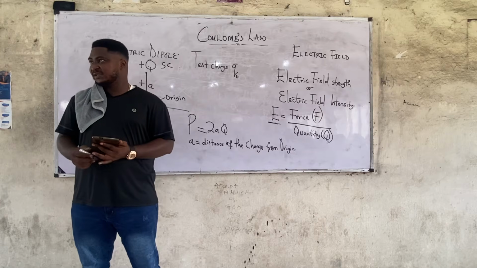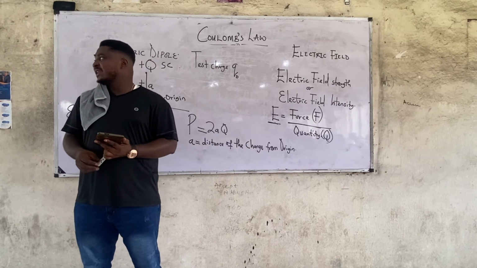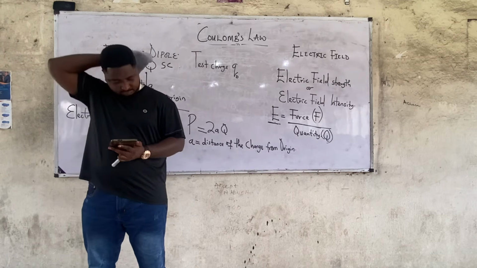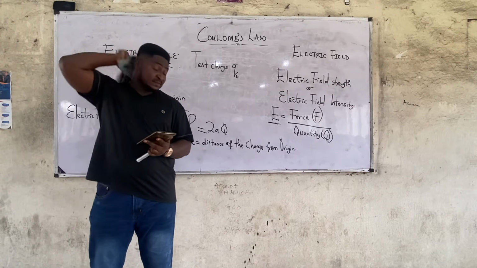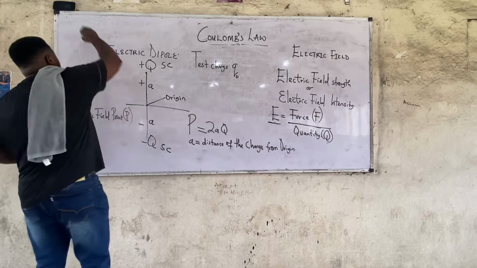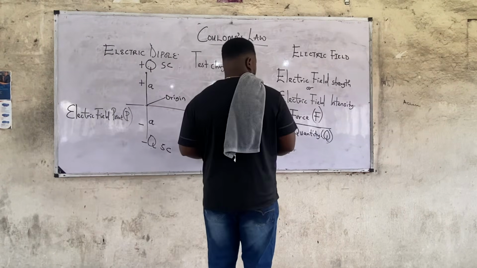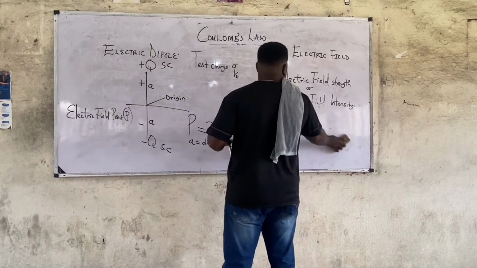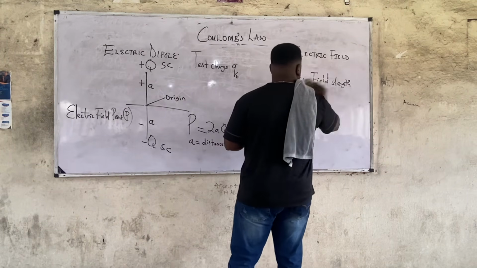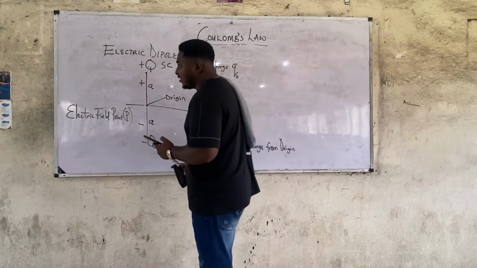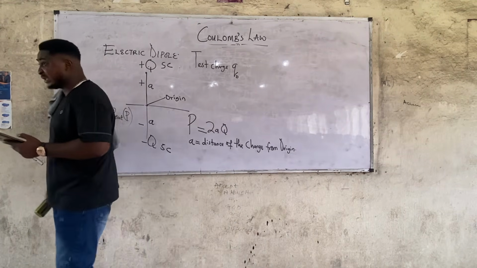Electric lines of force. These are imaginary lines drawn that show the direction of the electric field. Class, electric field is a vector quantity, it has direction.